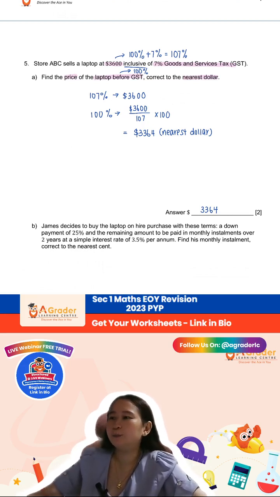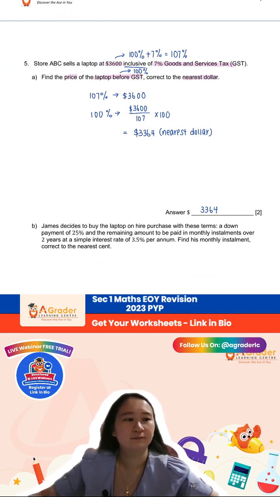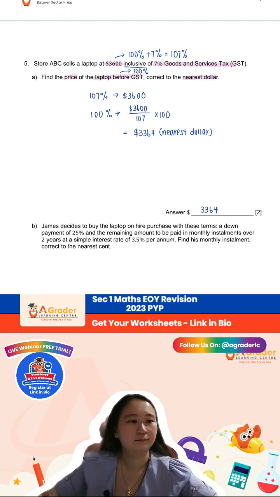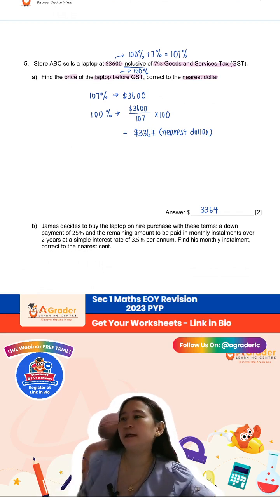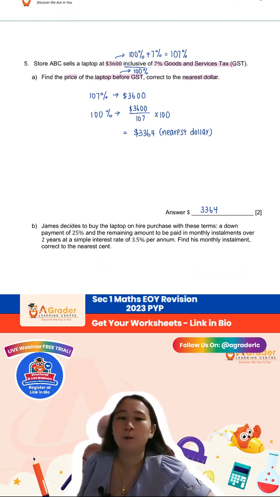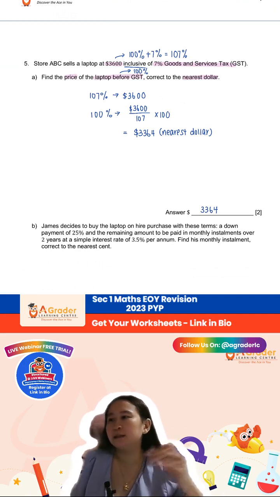Per annum means per year. Down payment means the very initial amount that you pay, the first payment.